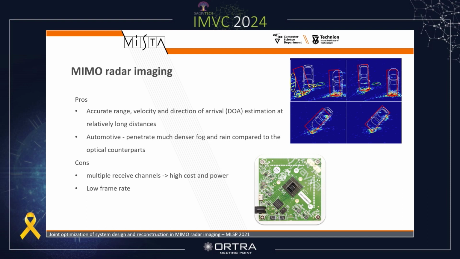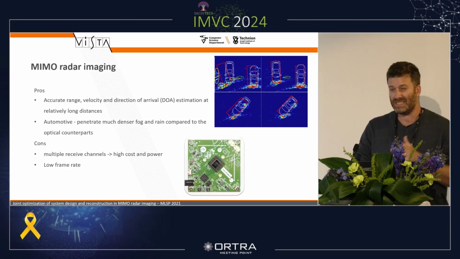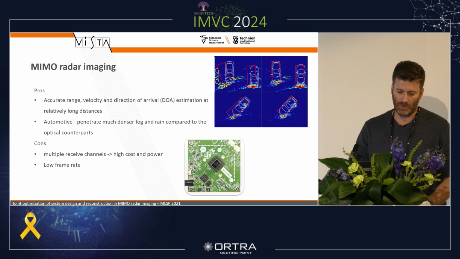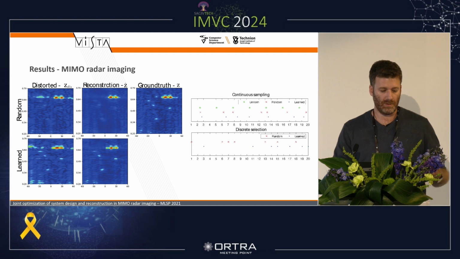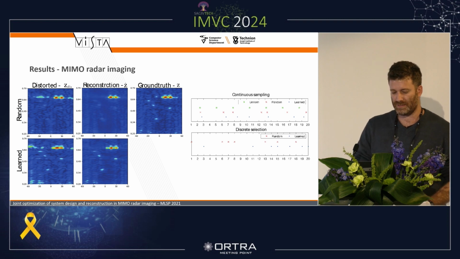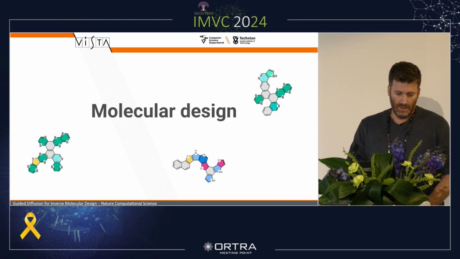So we suggested using the same pipeline to learn the acquisition parameters, in this case, to reduce the amount of antennas and learn the antennas' locations. And again, we show that you can learn better acquisition parameters and get better end performances. I won't go into the detail more than that.